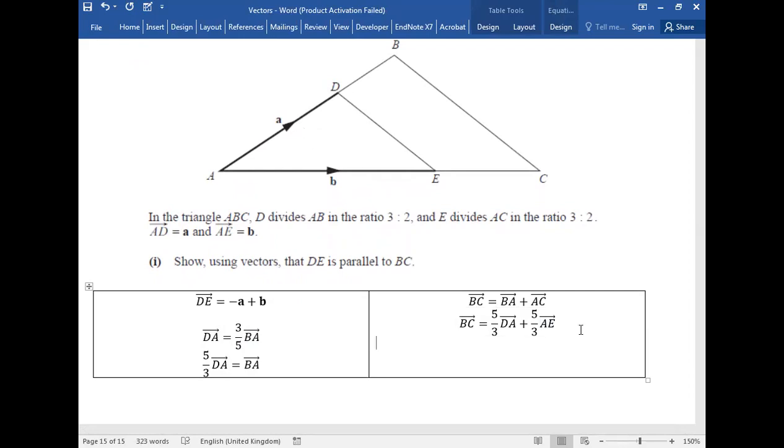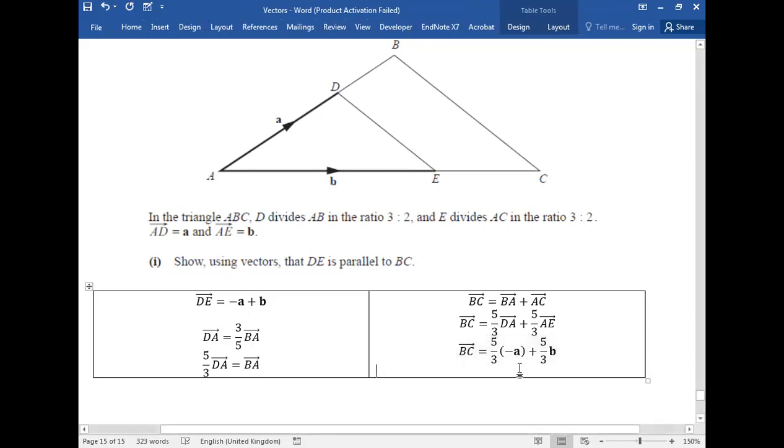Yes, you're right, which will eventually be B. So what is BC then? It is 5/3 of negative A plus 5/3 of B.